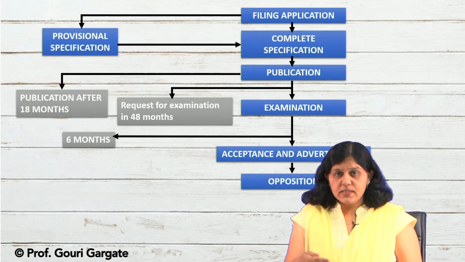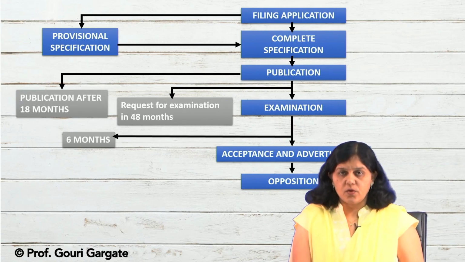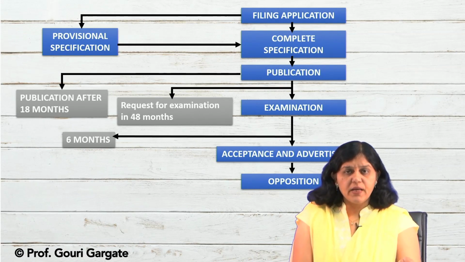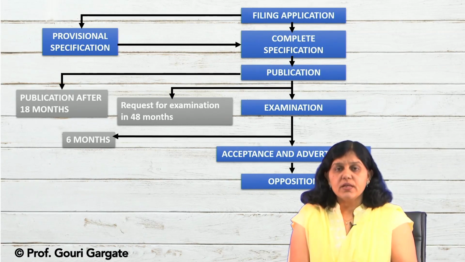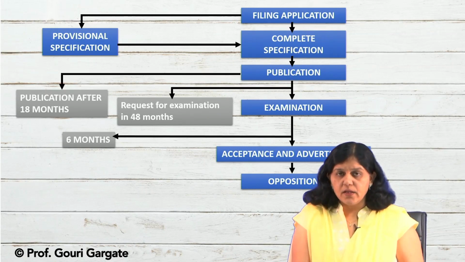Now, obviously, when you are doing this opposition, you have to substantiate it with evidential documents. So, it is expected that when you say you are filing a pre-grant opposition or post-grant opposition, that should be substantiated by evidence.